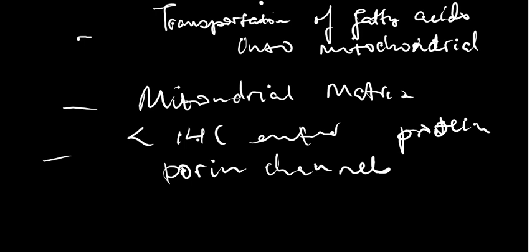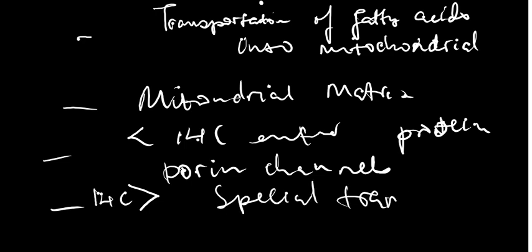As they enter, this is the medium they use. However, the free fatty acids that have greater than 14 carbon atoms, or a majority of those fatty acids, require a special transporter in order for them to enter the mitochondrial matrix.